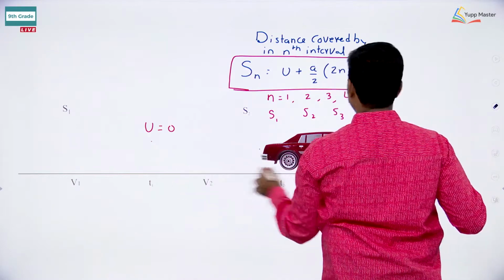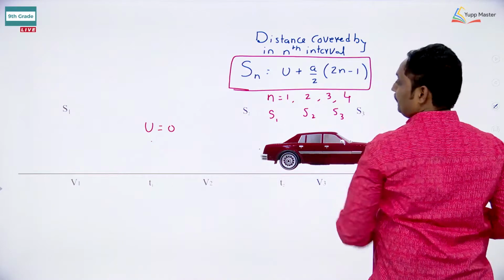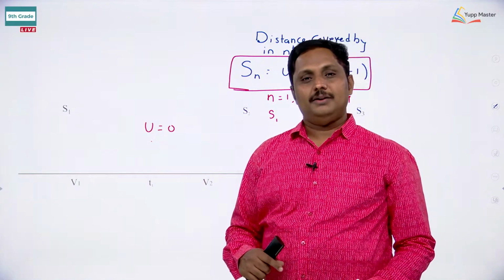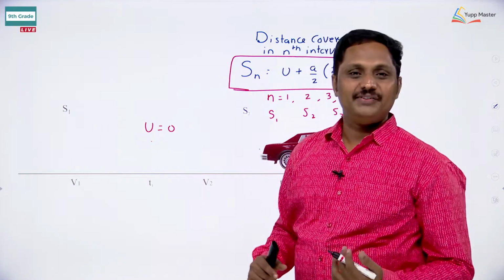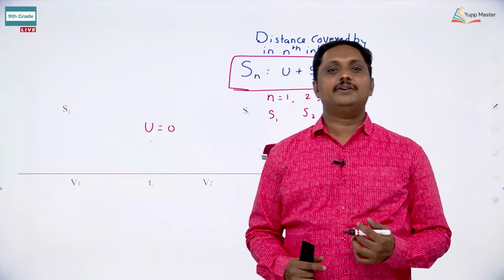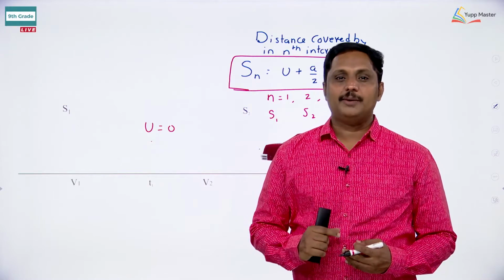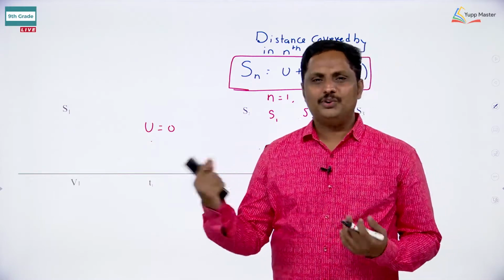It's very clear. In the problem they have given that the body has started from rest and you have to find out the distance covered by the body in the first, second, third, fourth time interval, whatever they will give you.